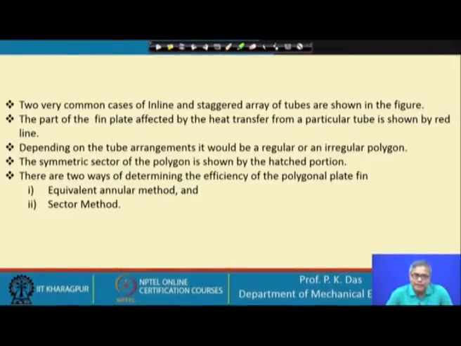So, what we do is that we have got one dimensional fin analysis already available, we want to adopt that, but it is a two dimensional fin. So, we have to modify our analysis. This modification is done by two different methods. One is equivalent annulus method and another is sector method. With this background, let us proceed to the next slide.